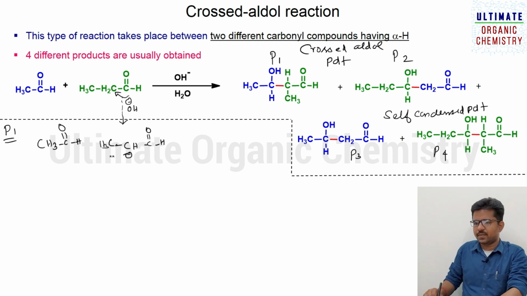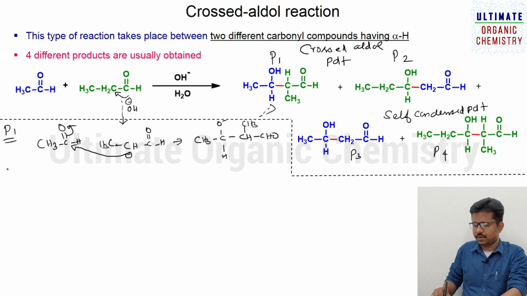So this minus will automatically attack this delta plus center of C double bond O. This electron moves here, so you will get CH3, CH, O minus. Here you have CH3, CHO. After protonation it will lead to the formation of product 1.